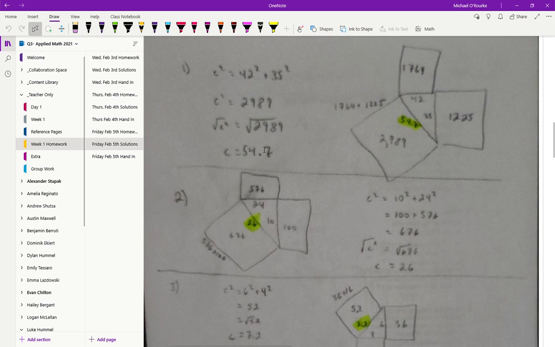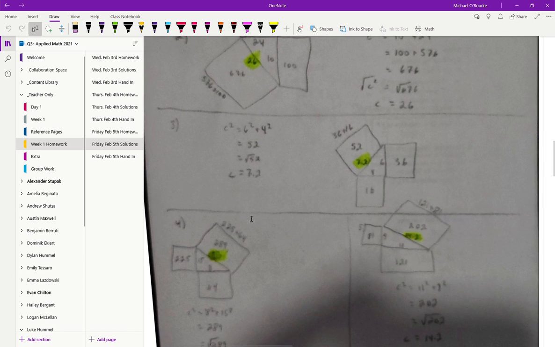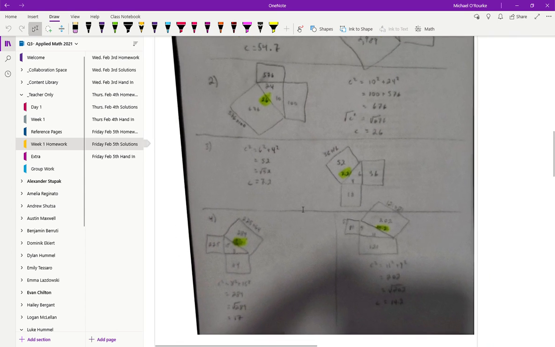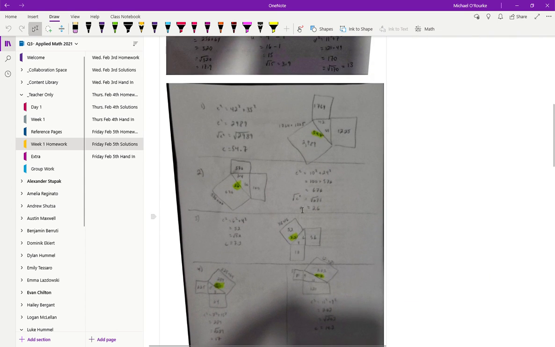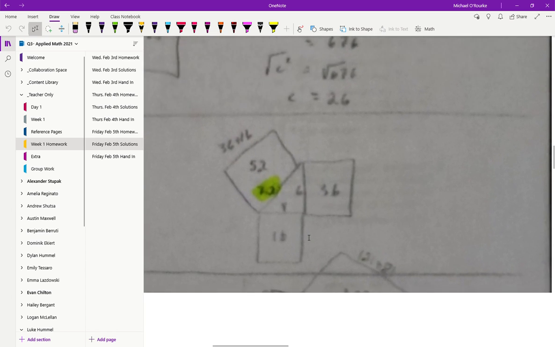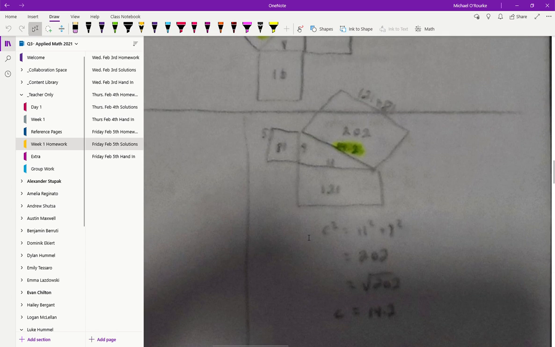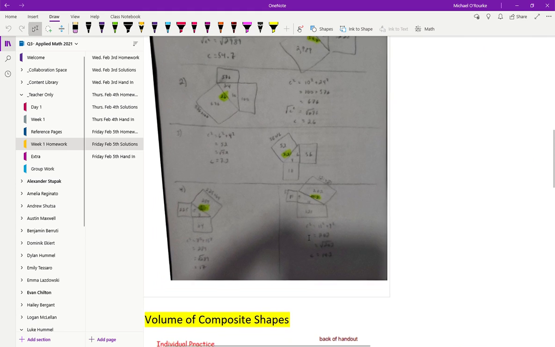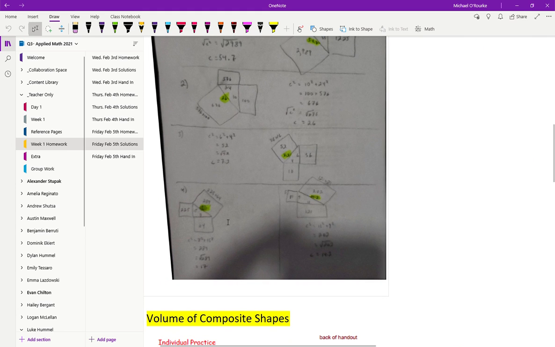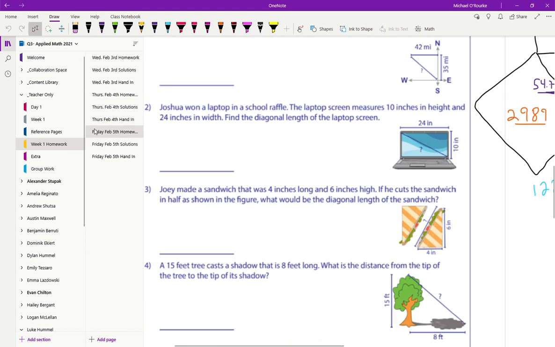I might take a better picture and put it back up. If you want to do it mathematically, it's written out here. If you want to do it with the squares, it's written out here. Okay? So hopefully you can zoom in enough. Why is that camera shot so bad? It's amazingly bad. Alright. The answers are, I think, at the bottom of the second page as well. But that's the step-by-step process. Okay?